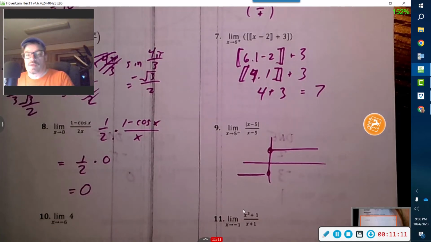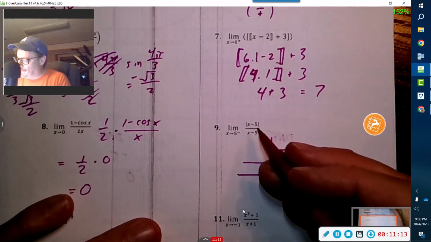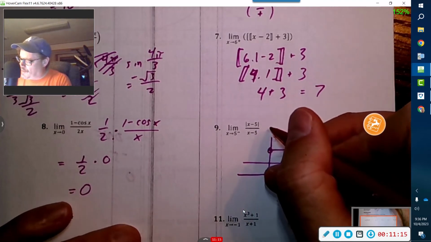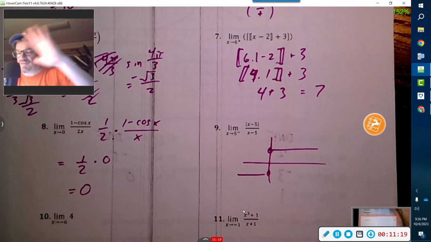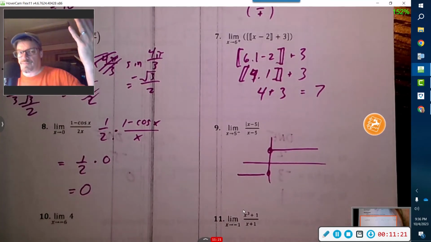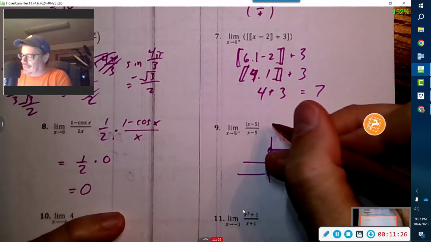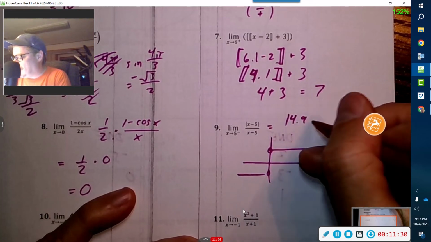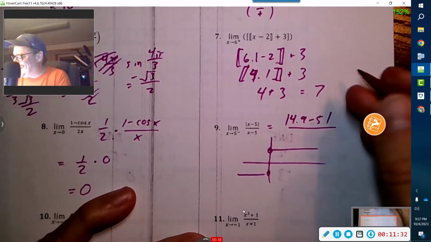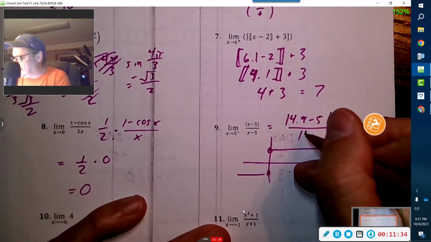And you can kind of see that. What if absolute value functions drive you crazy? If they do, like me, what you should do is just plug in a number, get close to it. What would happen if you're coming from the left? Wouldn't that be like 4.9, right? Just plug it in exactly as you see it.